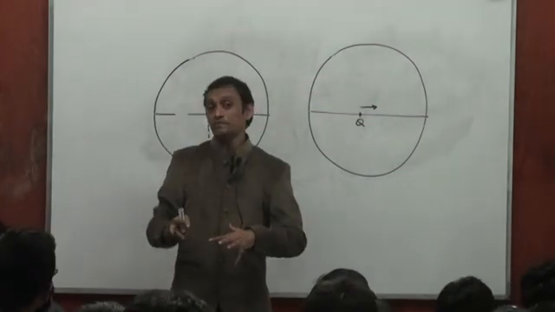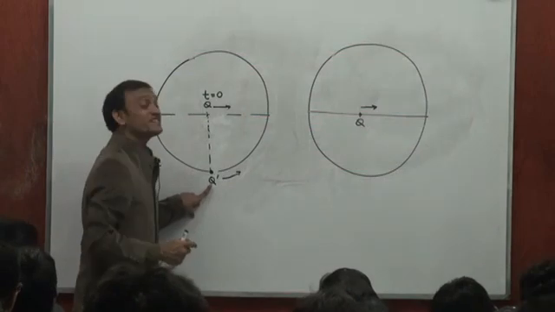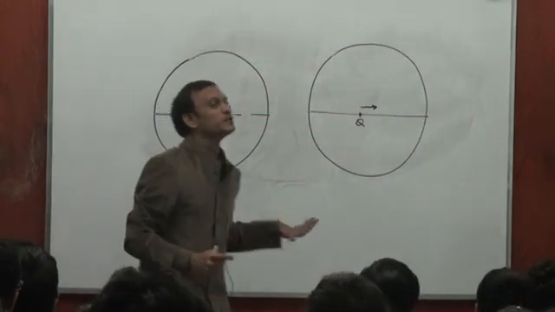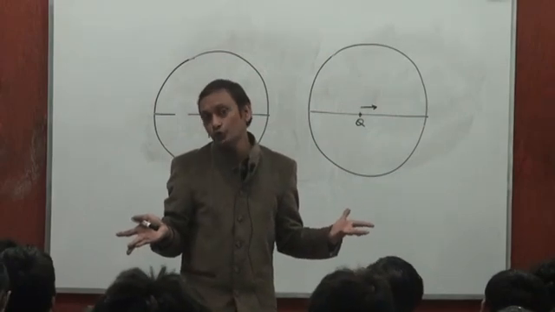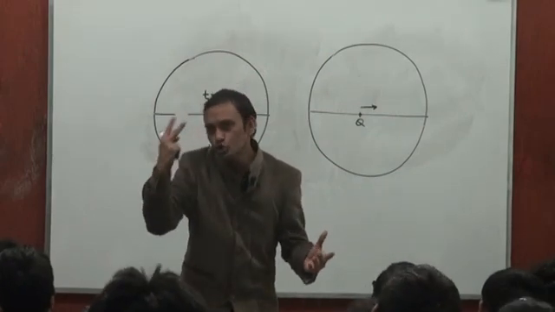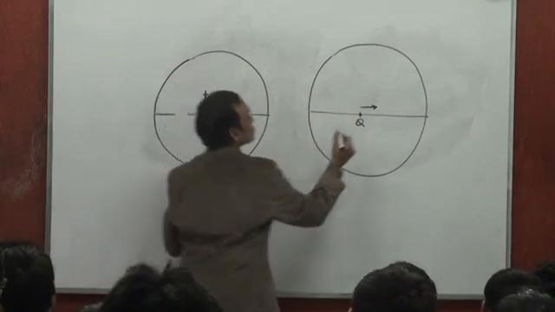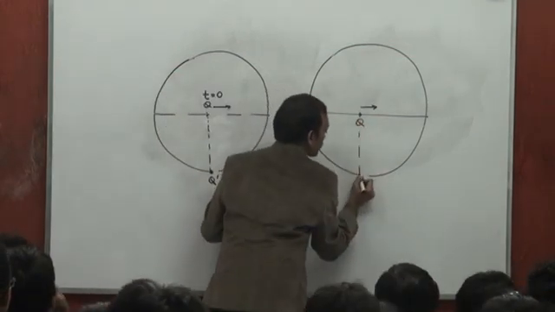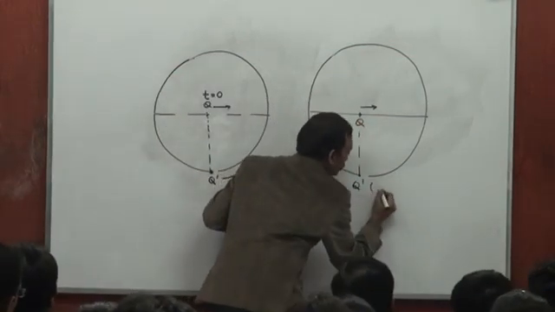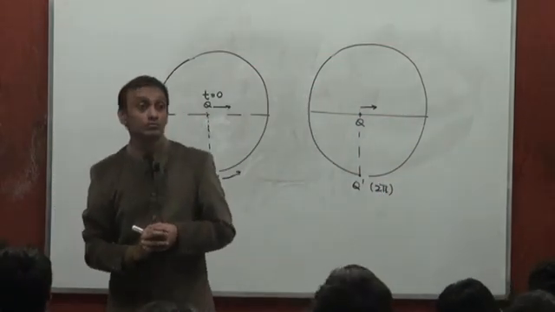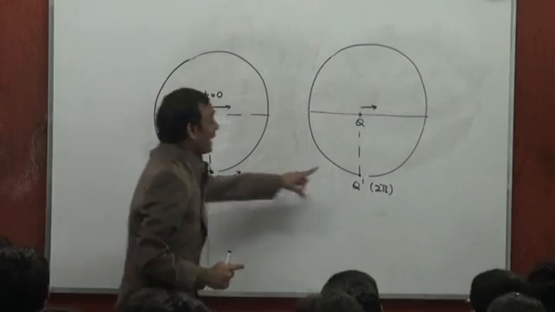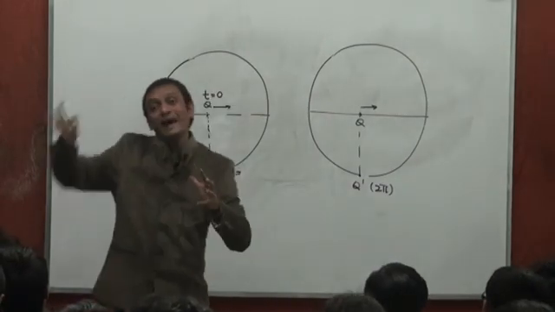Now in this time, what's the angle described by Q prime at the center of the circle? 2 pi. The angle described by Q prime at the center is going to be 2 pi radians.